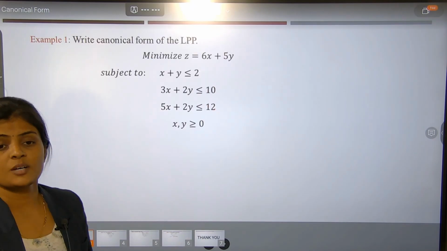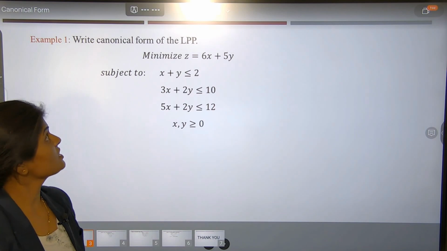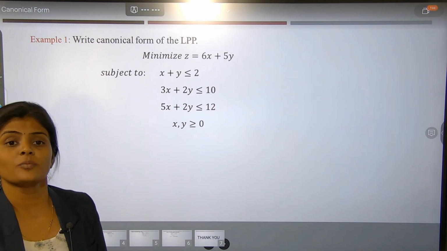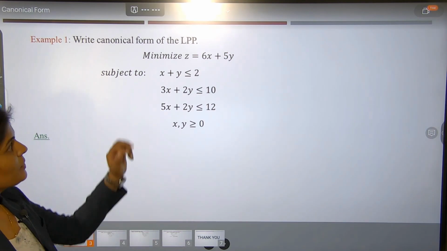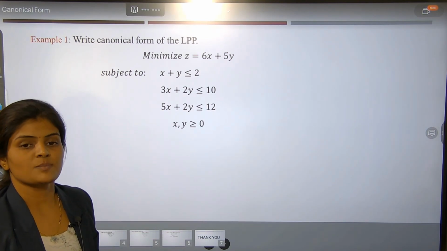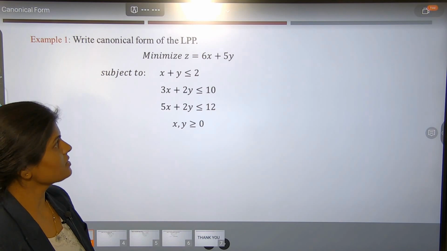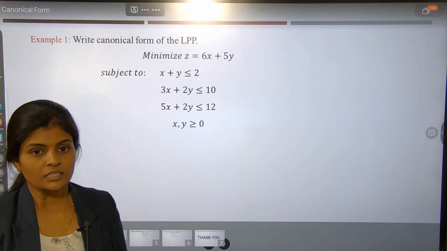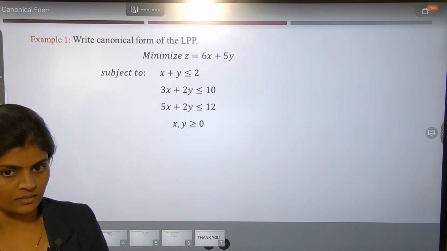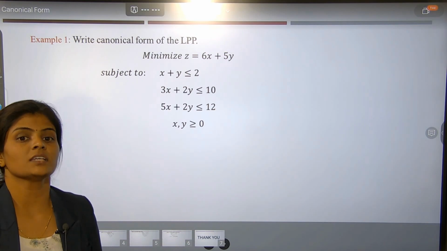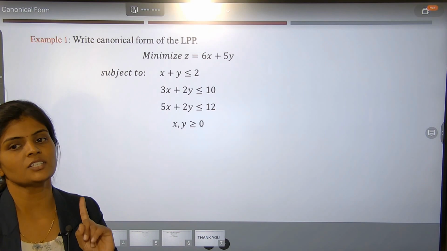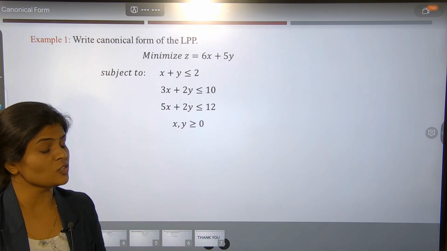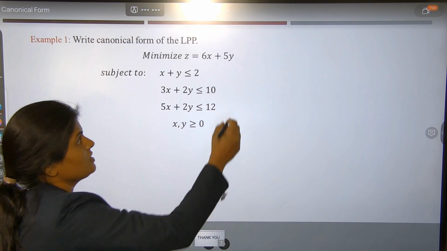The first example is: write the canonical form of the linear programming problem, where the LPP is minimize z equals 6x plus 5y subject to x plus y less equal 3, x plus 2y less equal 10 and 5x plus 2y less equal 12. For canonical form, the first condition tells us about the objective function, this function.